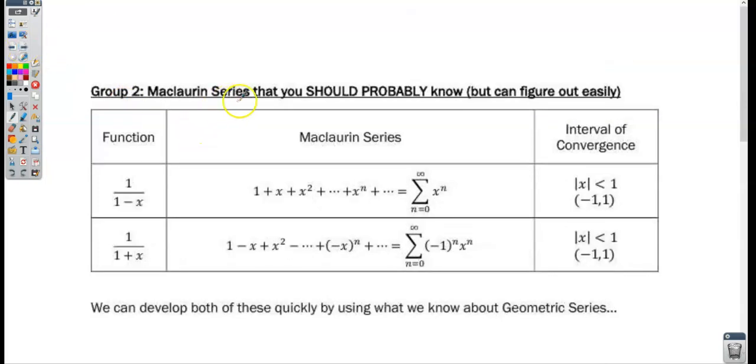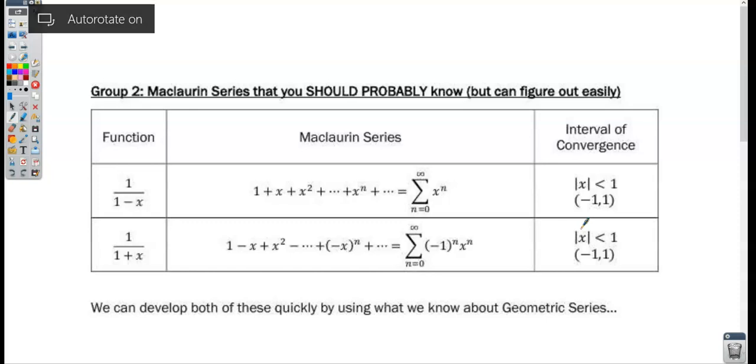Group number 2, Maclaurin series that you should probably know, but can figure out pretty easily. The Maclaurin series for the function 1 over 1 minus x and 1 over 1 plus x. These both come from the concept that these are geometric series, and their interval of convergence here is from -1 to 1. But both of these come from the a over 1 minus r formula.